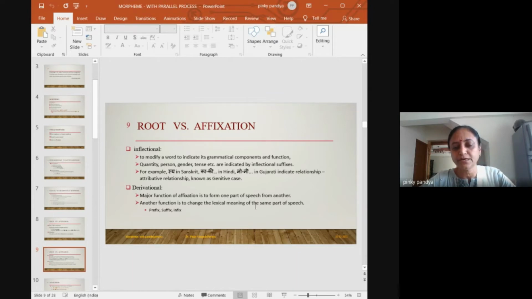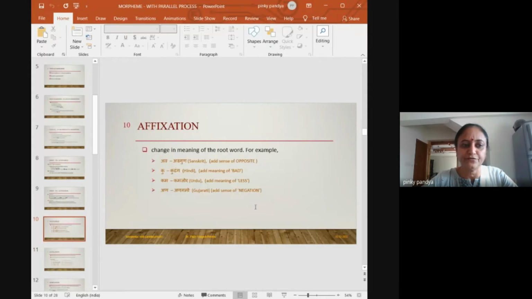They may attach to a free morpheme or a bound morpheme too, and may change the meaning, or may even change the part of speech. As we know, there are three types: prefix, suffix and infix.